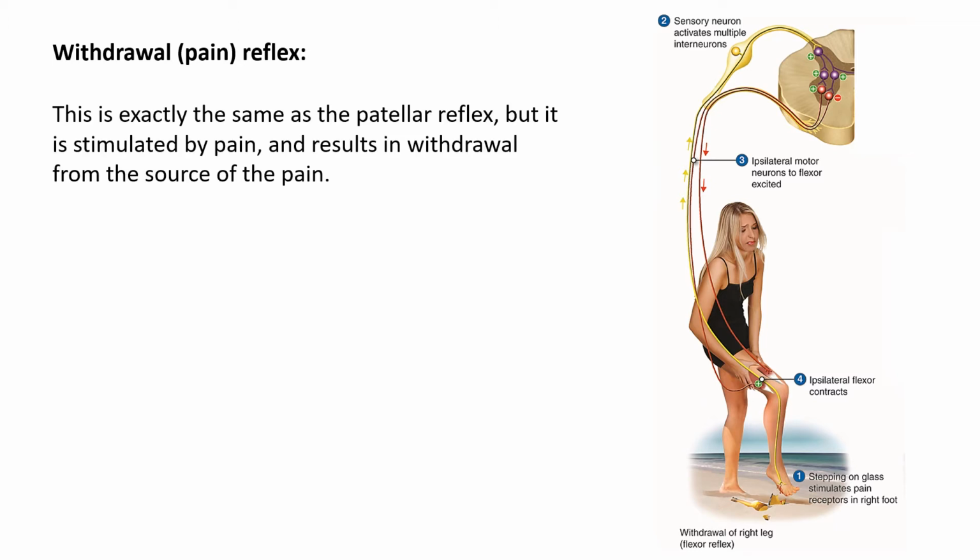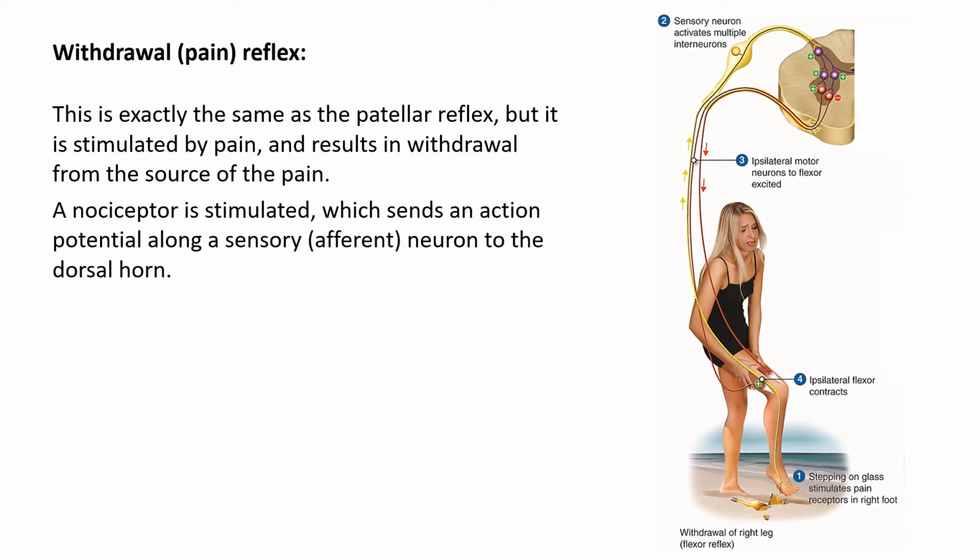But in this case, it's stimulated by pain, not by a patellar hammer hitting a tendon and activating a muscle spindle. In this case, we're activating nociceptors, pain receptors. But it results in the withdrawal from the source of pain. So a nociceptor is stimulated. This sends an action potential along the sensory afferent neuron, again, to the dorsal horn.